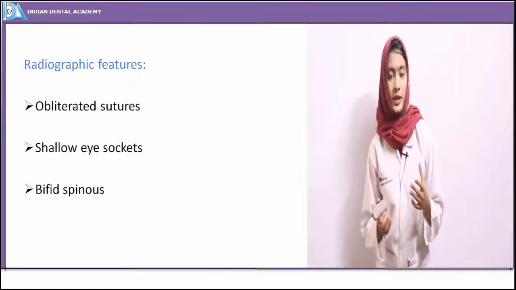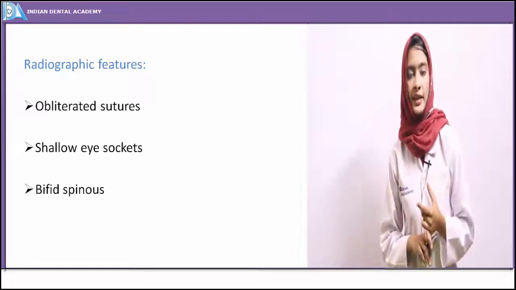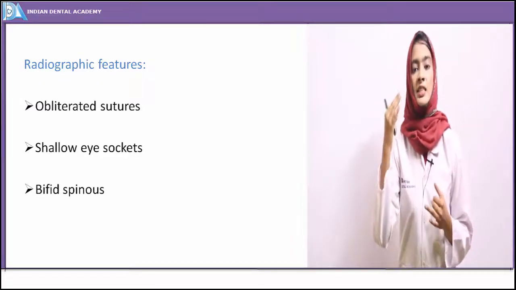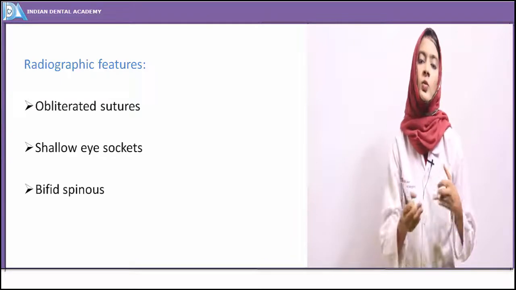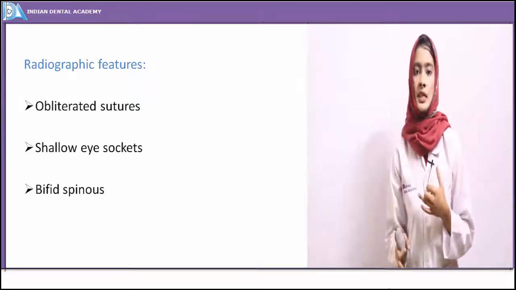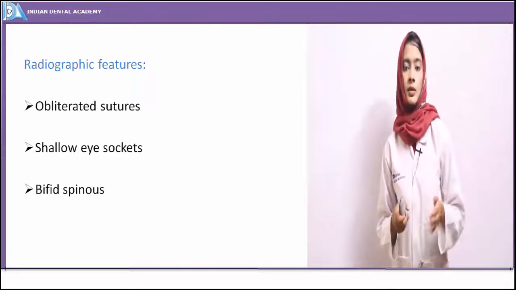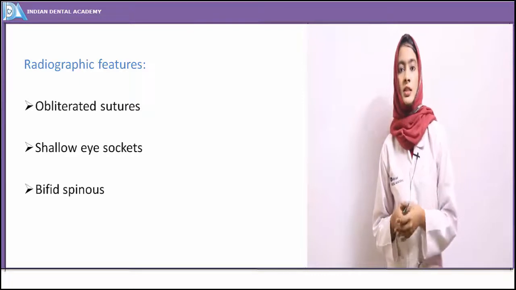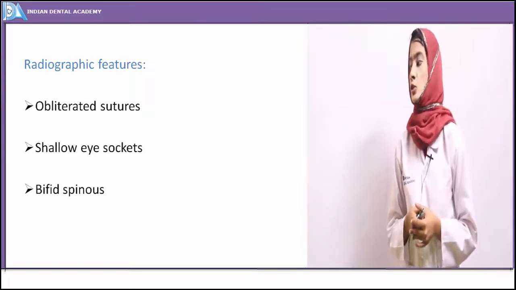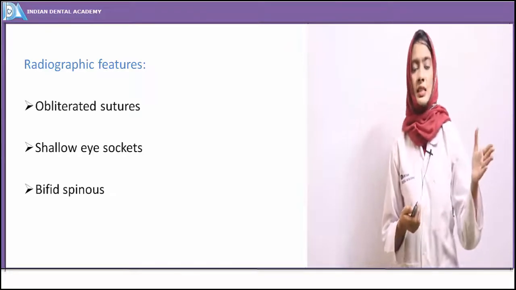Radiographically, you see that the sutures are obliterated. The anterior fontanelle or posterior fontanelle are still persistent and pulsating, even in cases of older children when they have crossed middle age also.